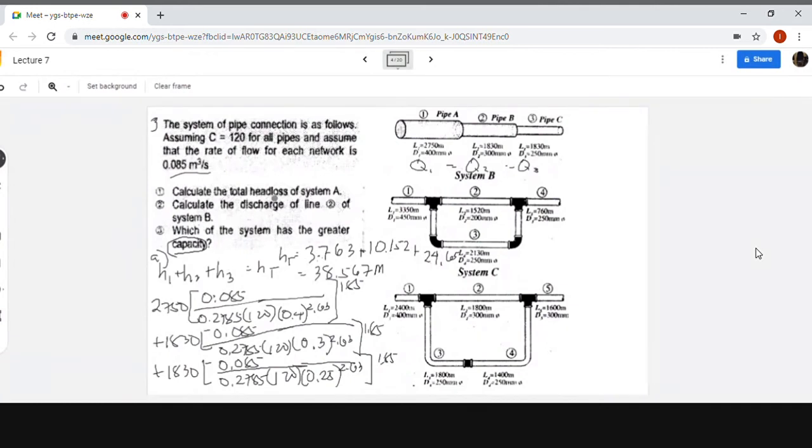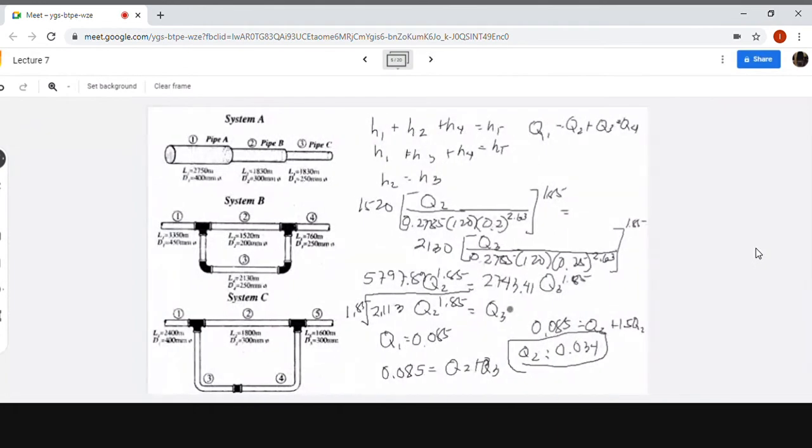The lower the head loss is, the greater the capacity. The head loss of system 1 we already got, 38.567. For the head loss of system 2, we substitute the values.